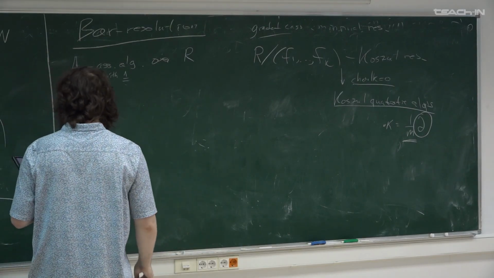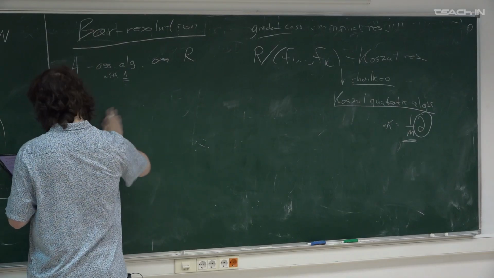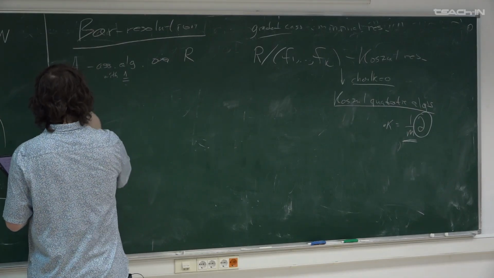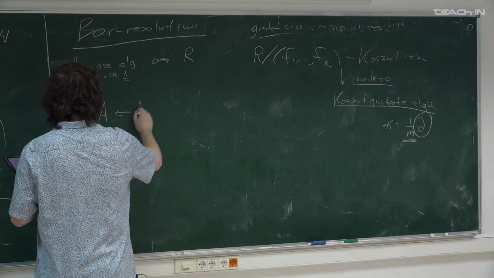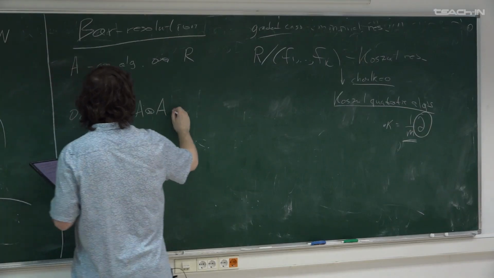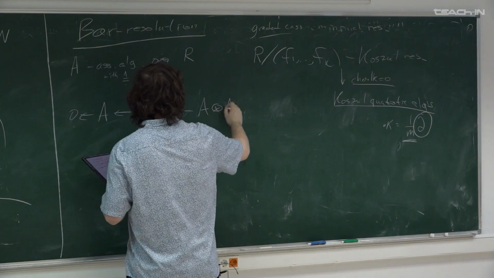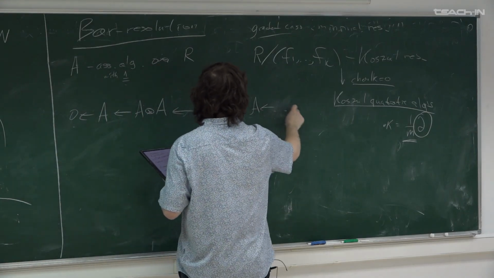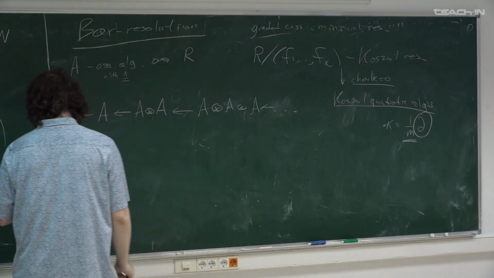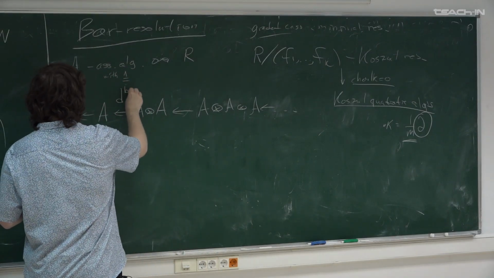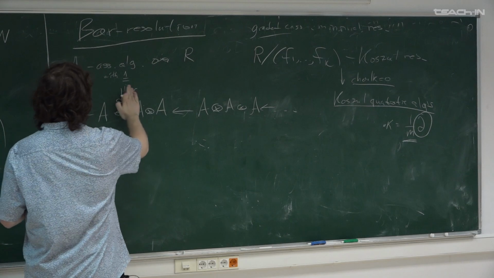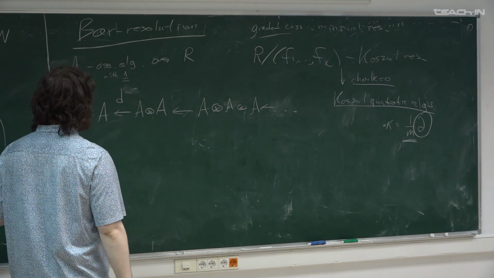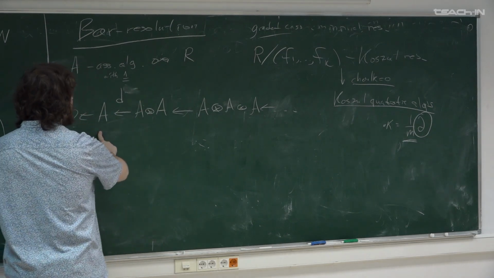Okay, let's start. By definition, we can consider something like this: A tensor A tensor, over R, and the differential d bar. How does it work? Here it's just multiplication.